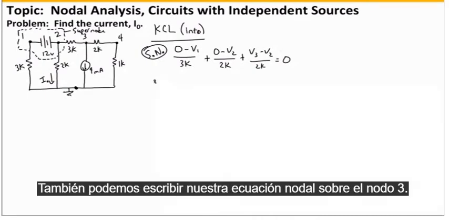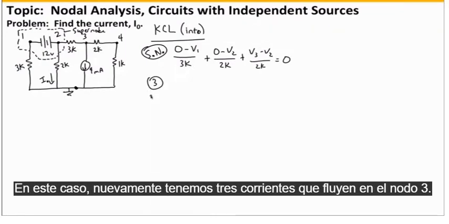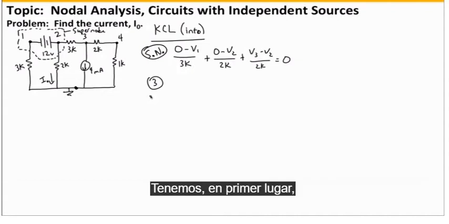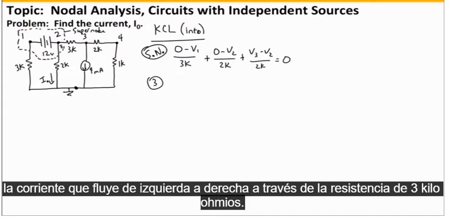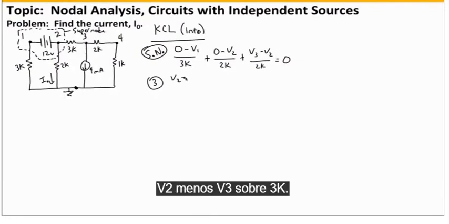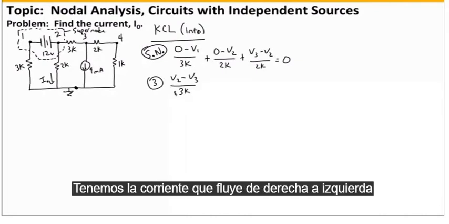We can also write our nodal equation about node 3. In this case, we again have 3 currents flowing into node 3. First, the current flowing left to right through the 3 kilo ohm resistor, V2 minus V3 over 3K.